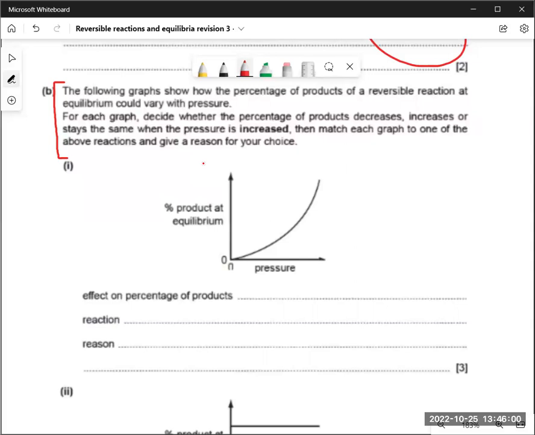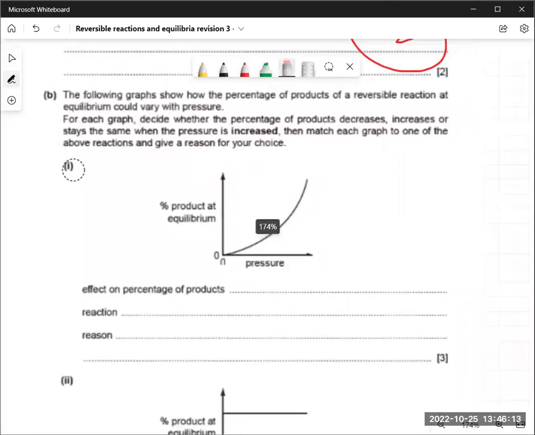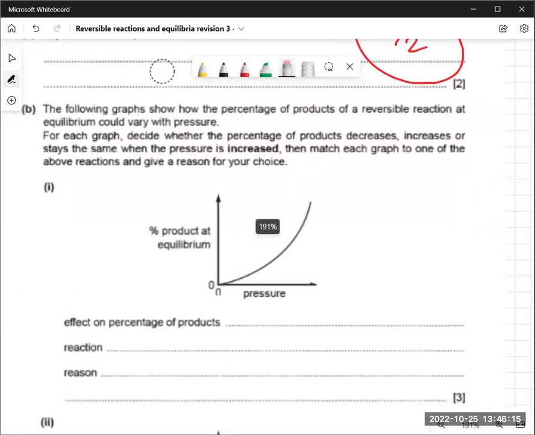Then match each graph to one of the above reactions and give a reason for your choice. So what will happen to the yield of the product? You know what yield means? What is yield, Anas?